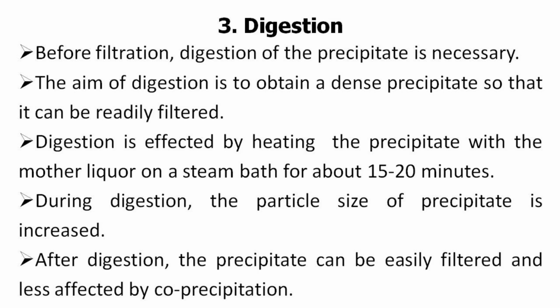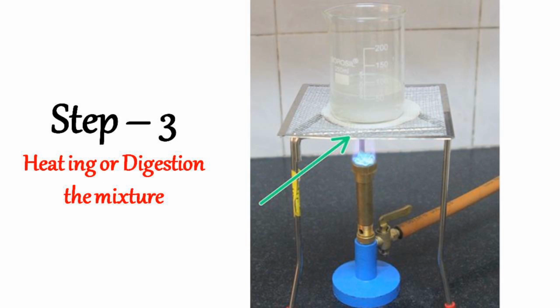During digestion, the particle size of the precipitate is increased. After digestion, the precipitate can be easily filtered and less affected by co-precipitation. Now, this is the heating or digestion of the mixture.